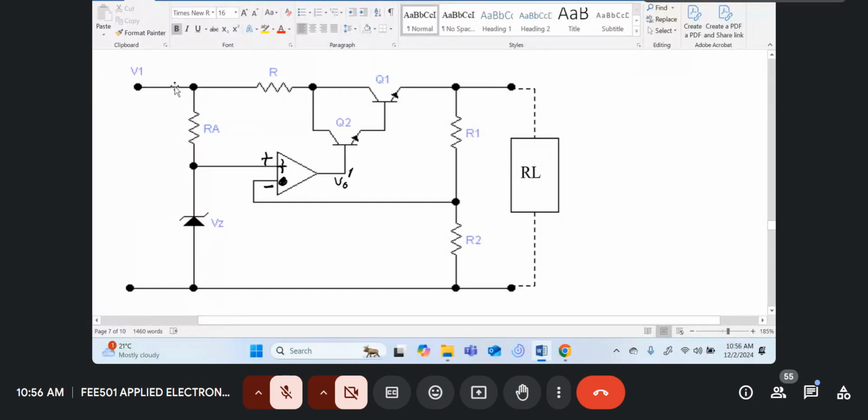If you look backwards into your unregulated supply, this R here is the output resistance of your unregulated supply. We want to be using it inside our equation. Although I've drawn it over here, it's supposed to be somewhere here.